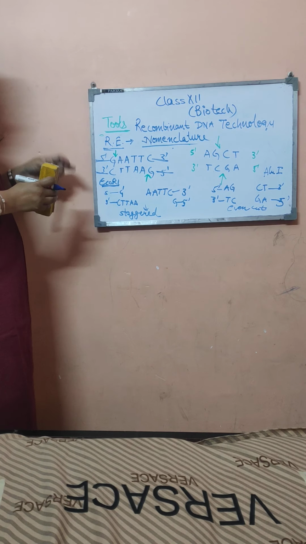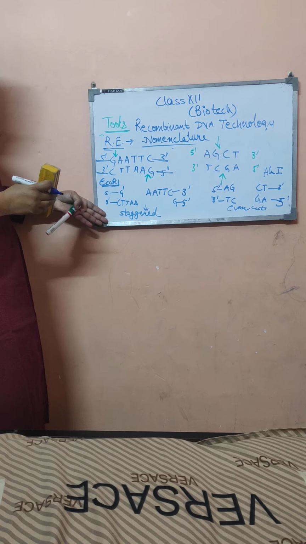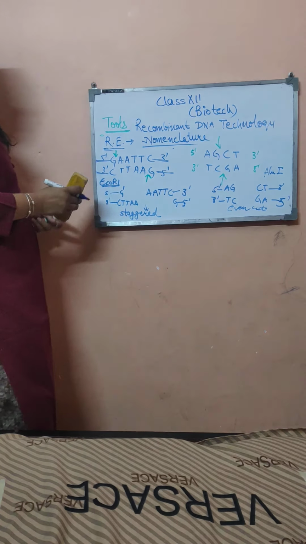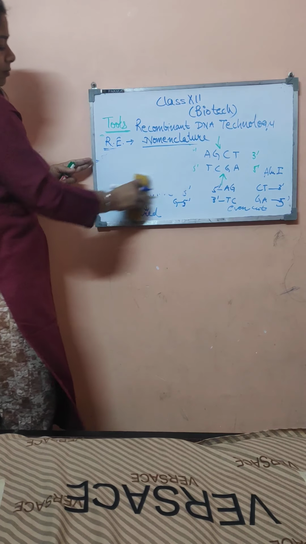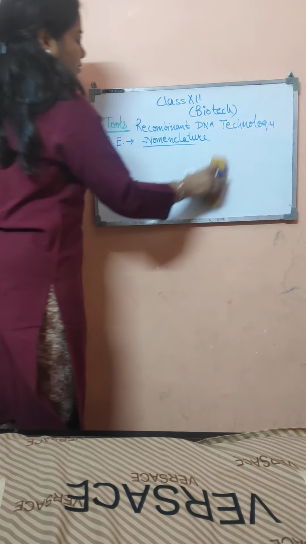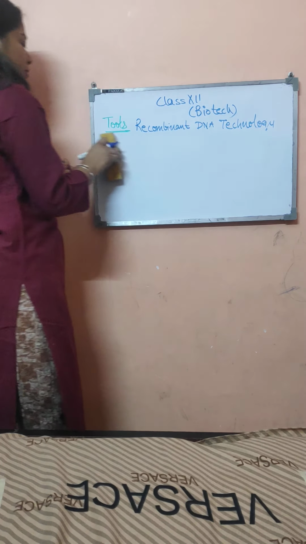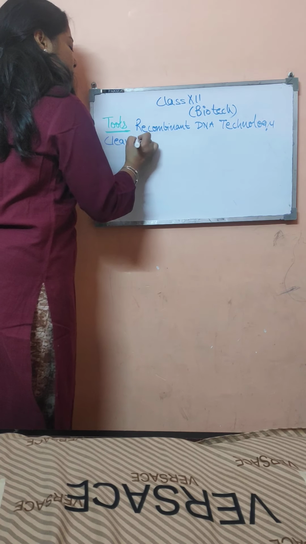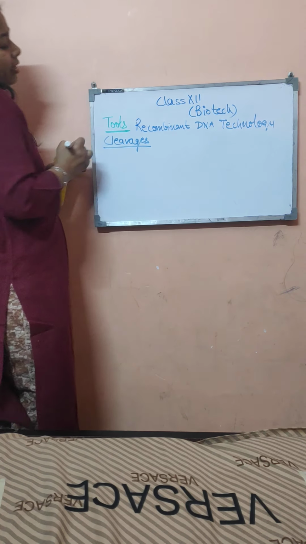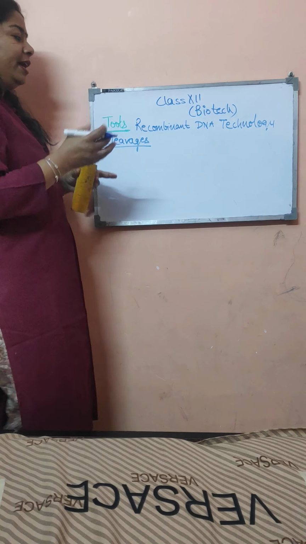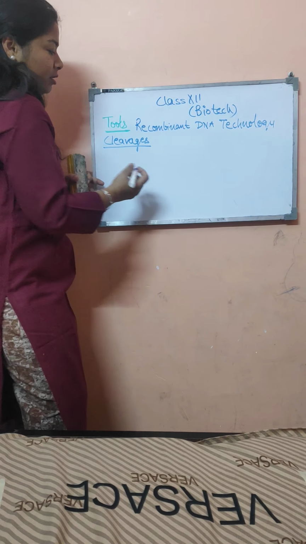So firstly we will now discuss the details of staggered and even cuts. When a particular DNA sequence is cleaved by any of the restriction endonucleases, it can give two types of results.